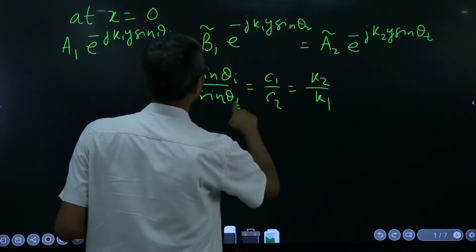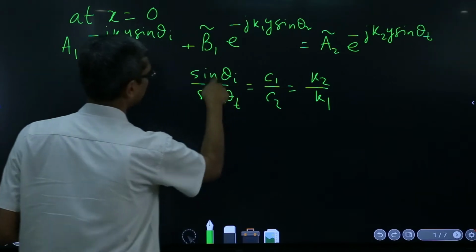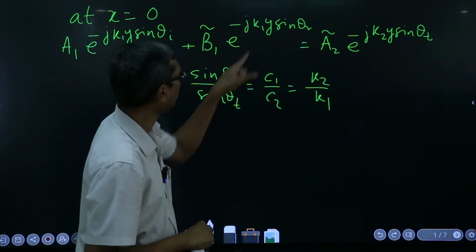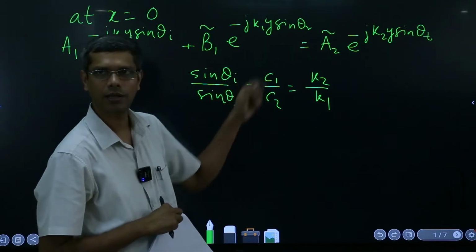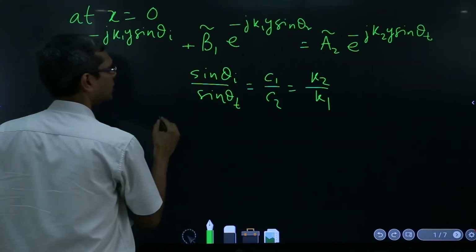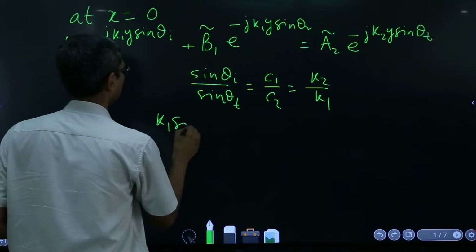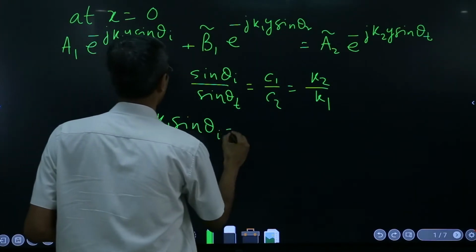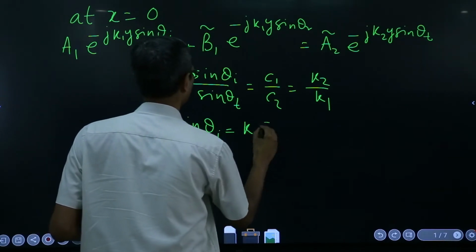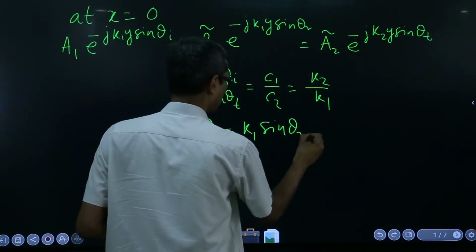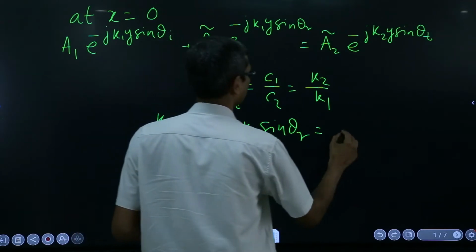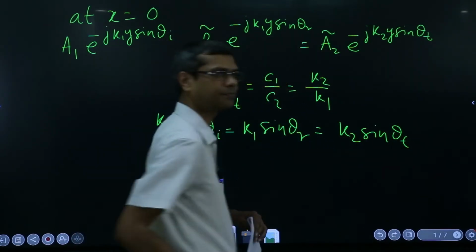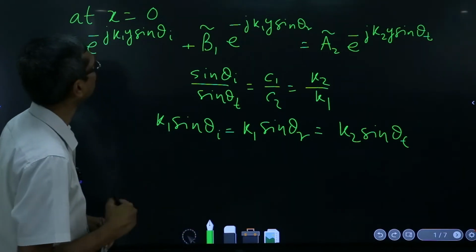That means K2 sin theta t is equal to K1 sin theta I, and theta I is also equal to theta r, right. So that means K1 sin theta I is also equal to K1 sin theta r, which is also equal to K2 sin theta t, right.